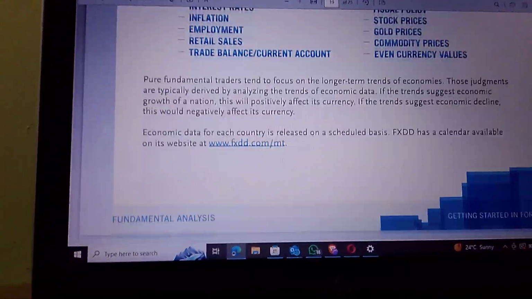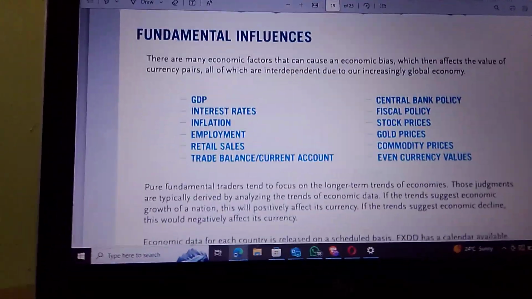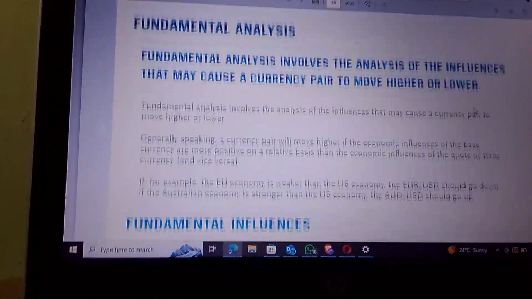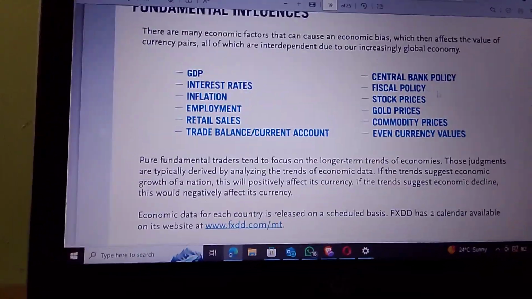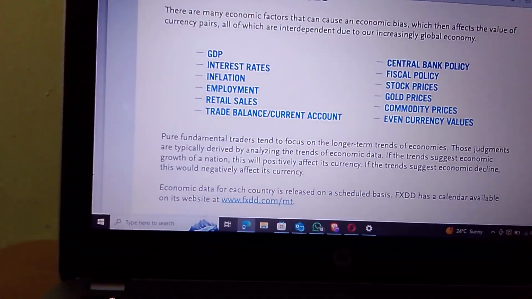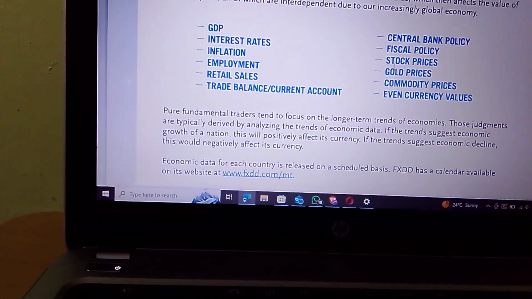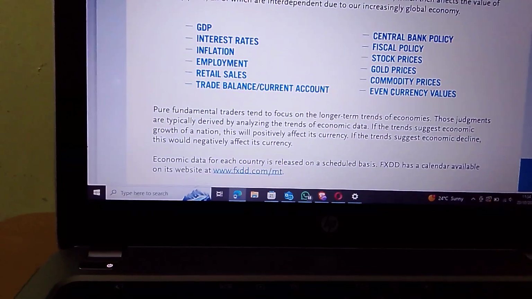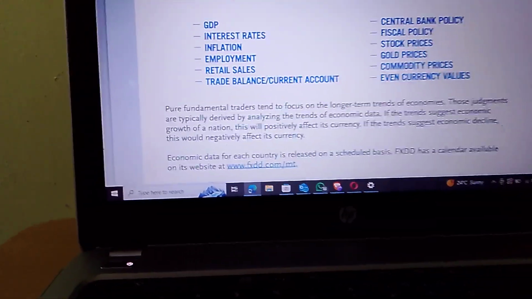All those affect currency levels. So if you want to do fundamental analysis, you may very much like to know more about these fiscal policies, stock prices, gold prices, commodity prices, even currency values.